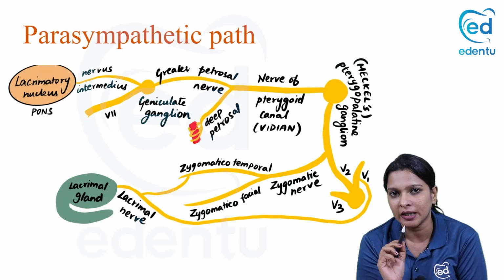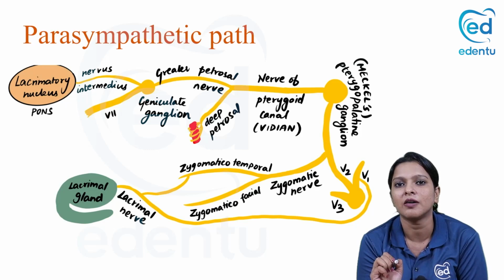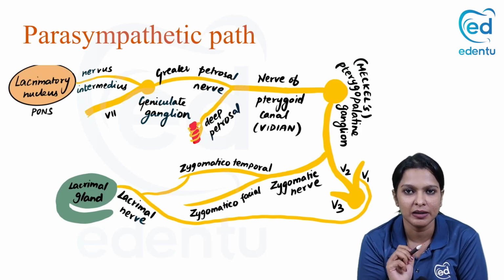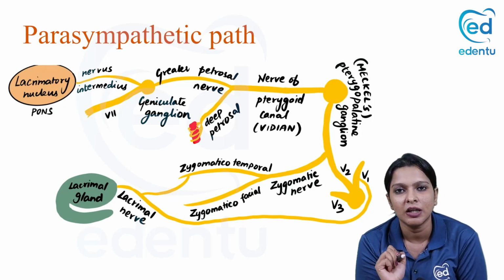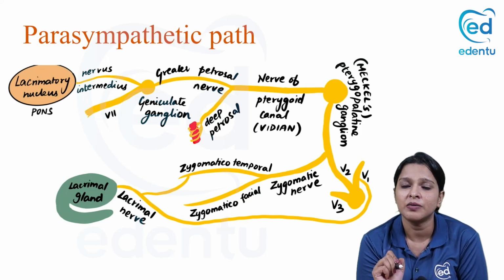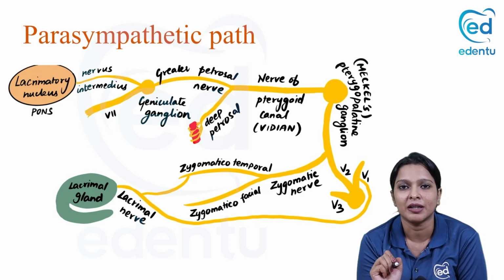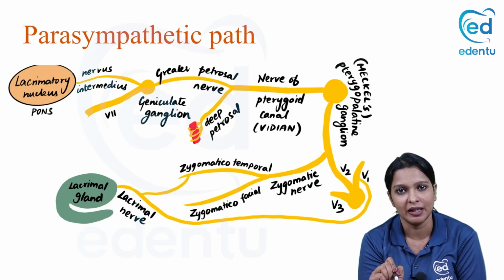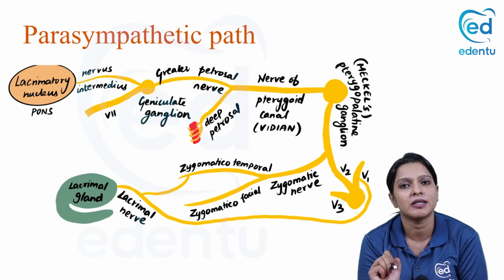From the geniculate ganglia, the branch of the facial nerve arises, called the greater petrosal nerve, which joins with the deep petrosal nerve, the plexus surrounding the internal carotid artery, to form the nerve of pterygoid canal or Vidian's nerve. This Vidian's nerve will go on into a ganglia. The most important part here, the parasympathetic ganglia, is called the pterygopalatine ganglia because it is situated in that fossa. It is also called Meckel's ganglia.